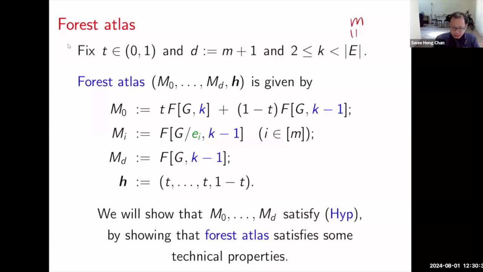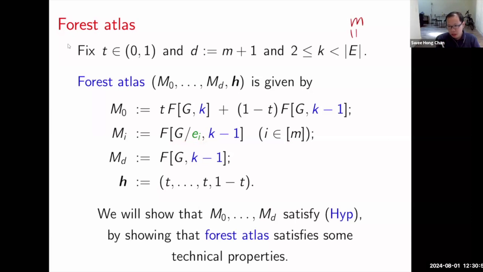The Forest atlas is given as follows. M0, the parent, will be equal to T times FGK plus 1 minus T times FGK minus 1. So it will be an interpolation between FGK and FGK minus 1. The children, whenever I is less than m, is always FG contraction EI.